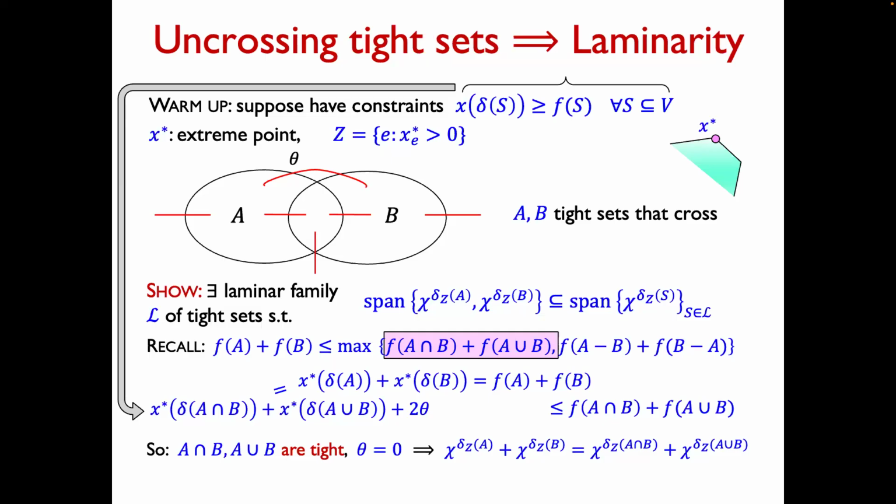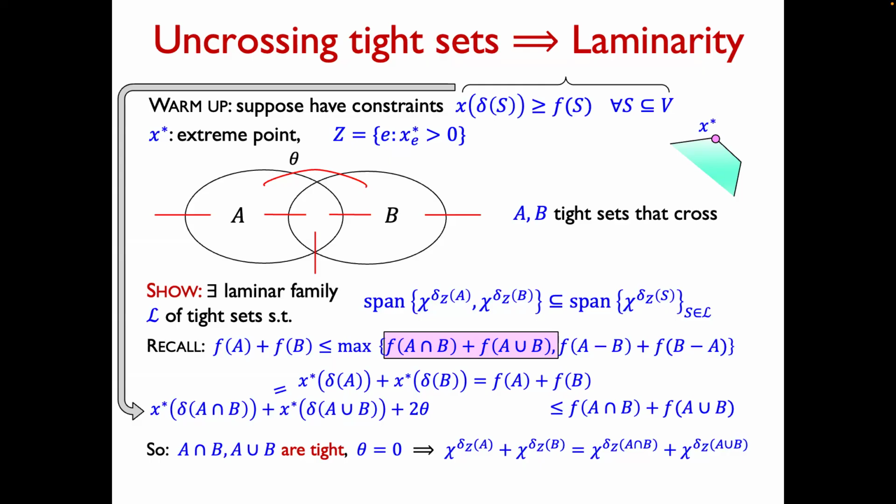We used it because after arriving at this point, we said that I also have those inequalities for my sets A intersect B and A union B. Or if the other side of the weak supermodularity inequality was the thing giving us the inequality, then we would need it for A minus B and B minus A. So we needed the fact that those opposite constraints are there for all of our sets. Hence we could claim that whichever of these two sides we have attains the max, we get tight sets.